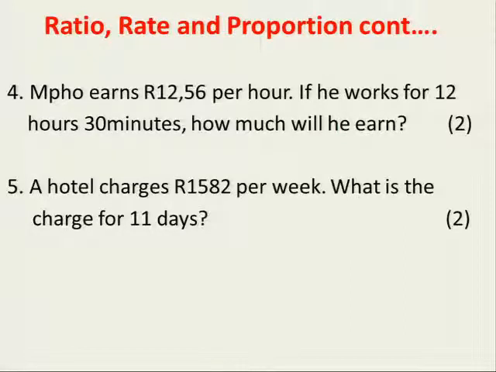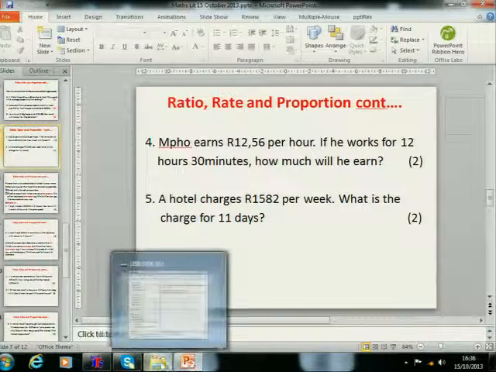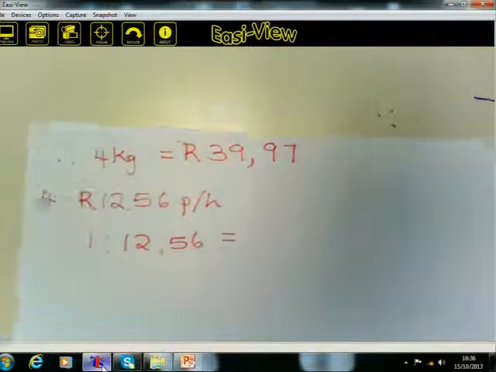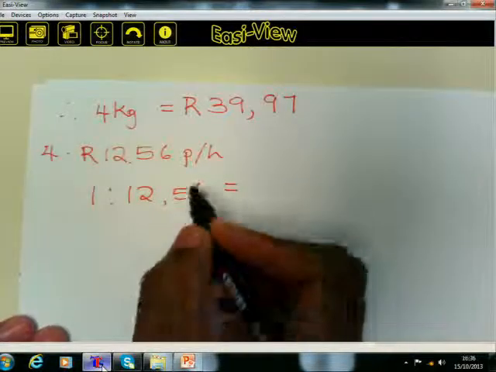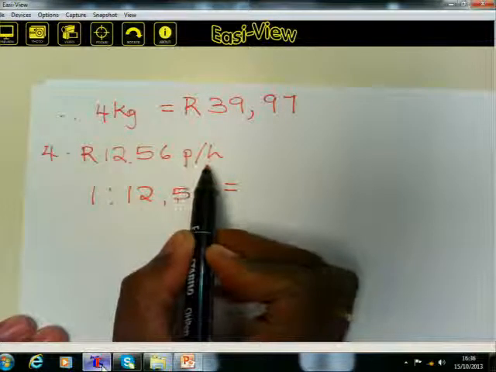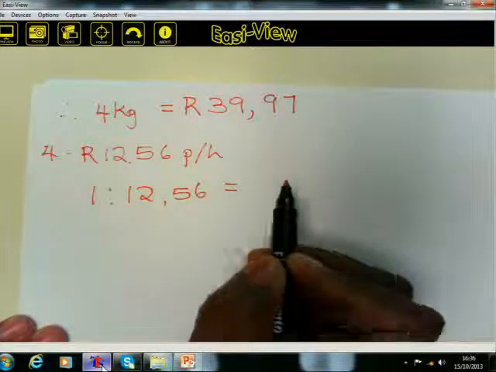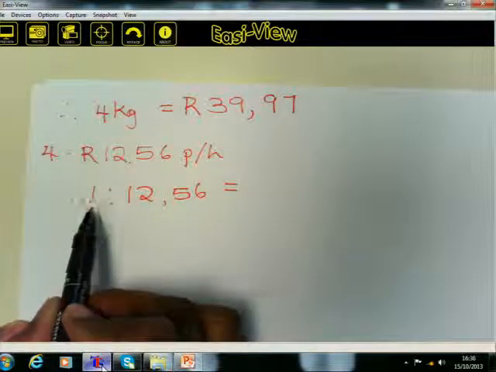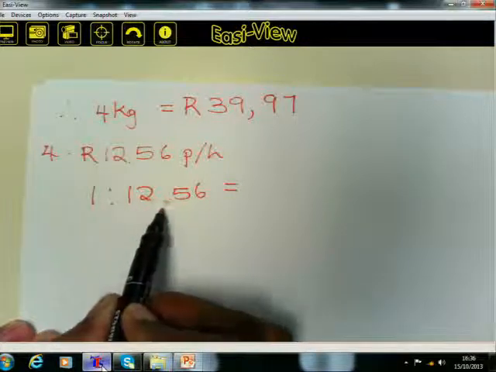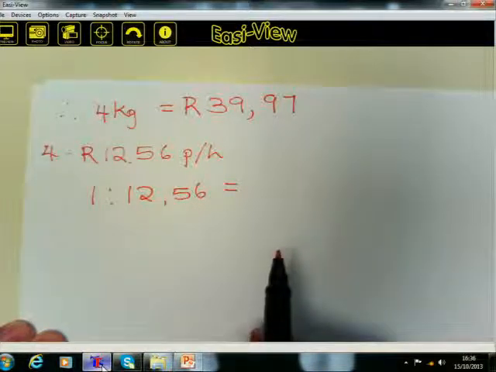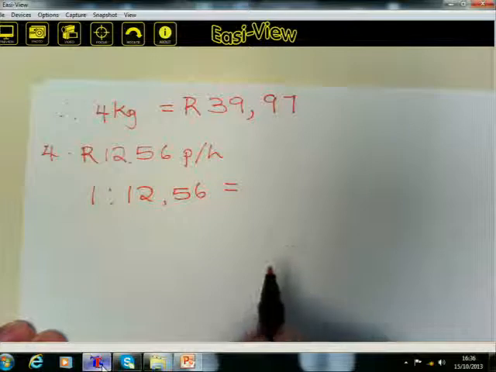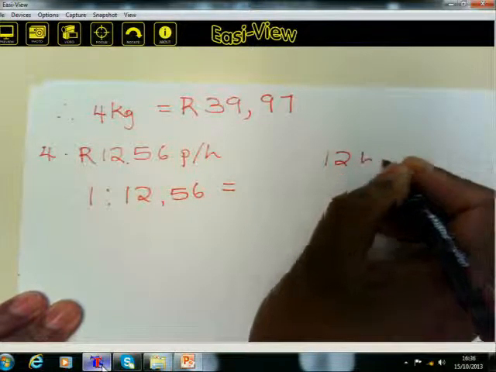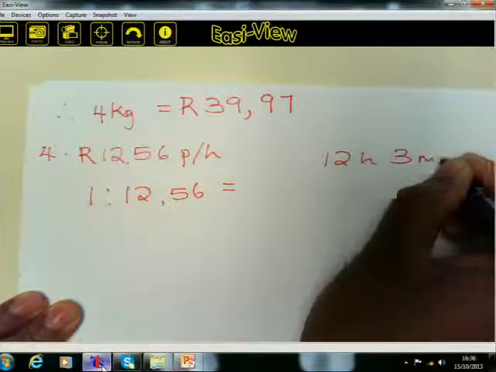Let me write it down. 12 Rand 56 cents per hour. For 1 hour, he gets 12 Rand 56 cents. And then now, for 12 hours 30 minutes.